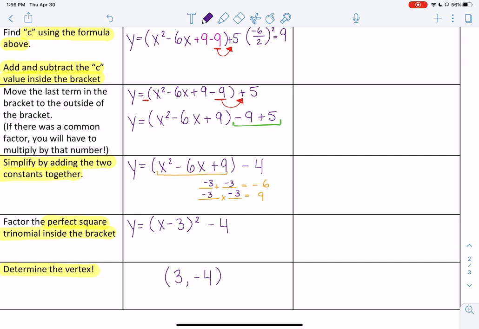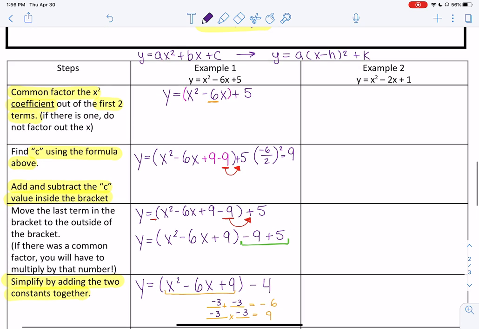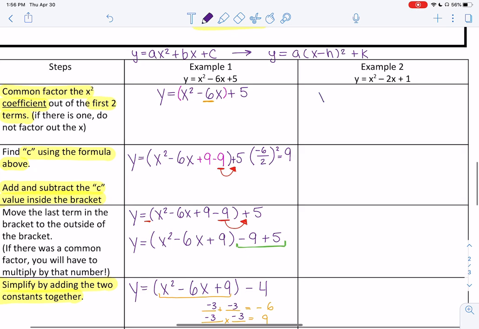Those steps can be complex and they are hard. So we're going to do one more example, but you do need to just practice and practice and practice with it. So let's do one more example. Here's our equation.